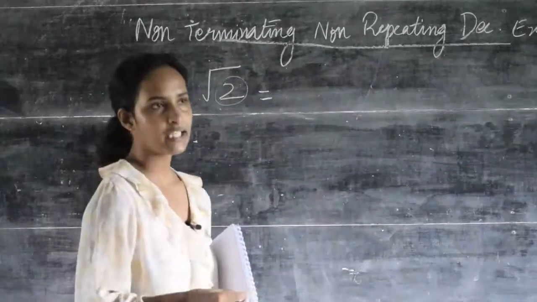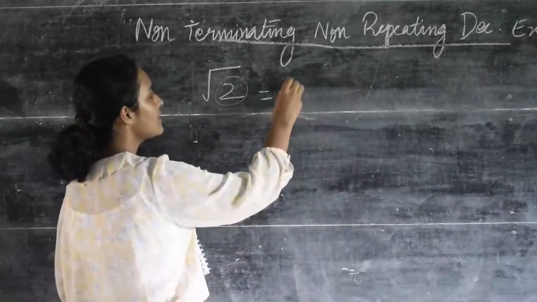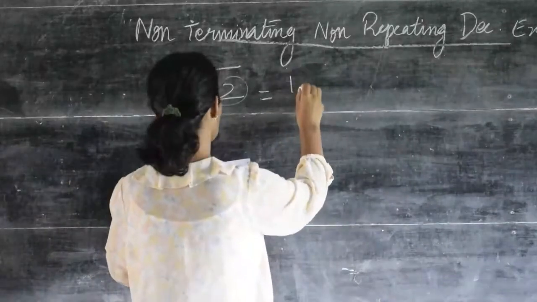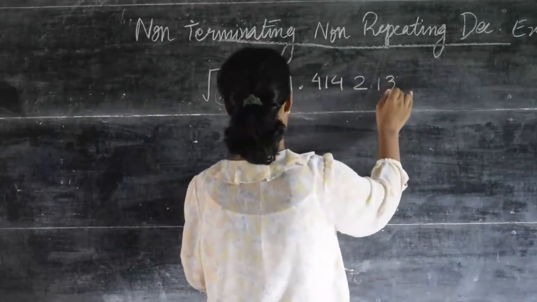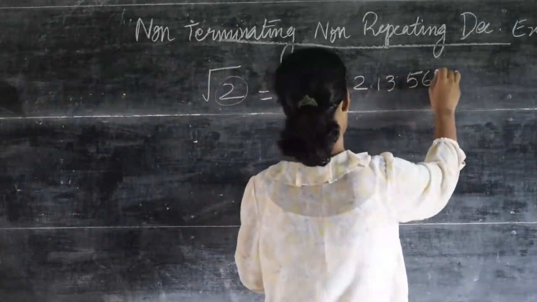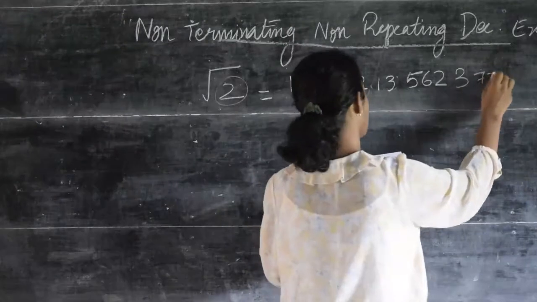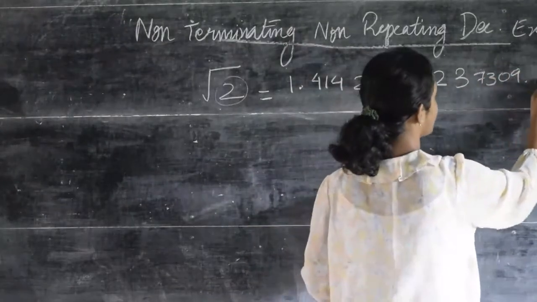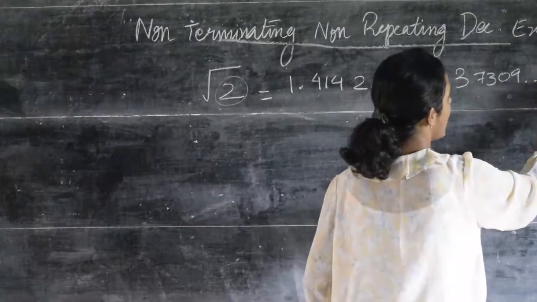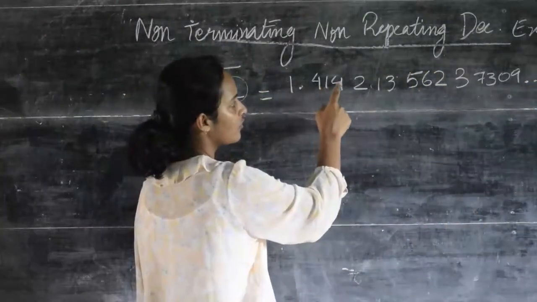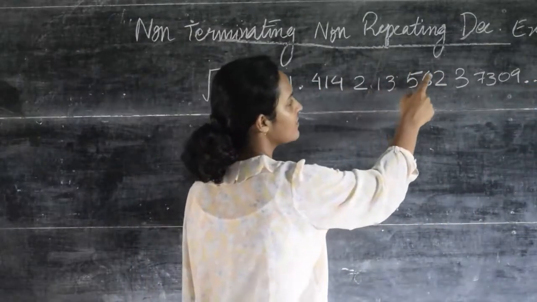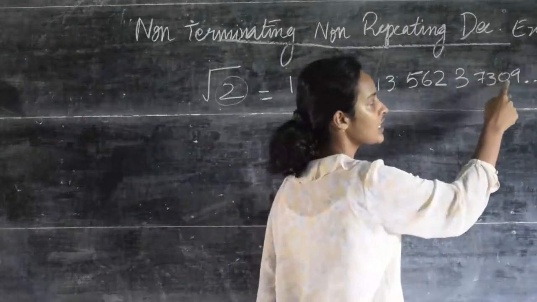So when I find it out, I get that the decimal expansion is 1.41421356237309, etc. Okay, etc. And what does this mean? Can you look at this number 41421356237309?